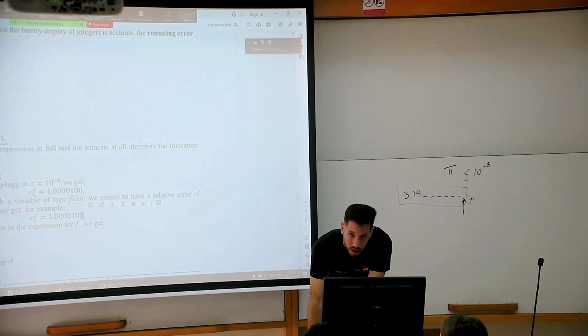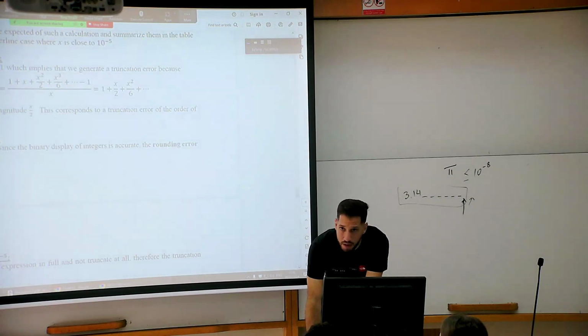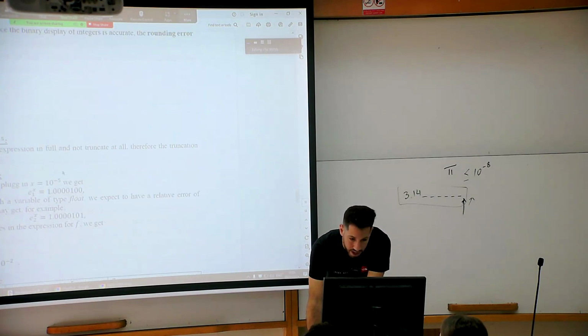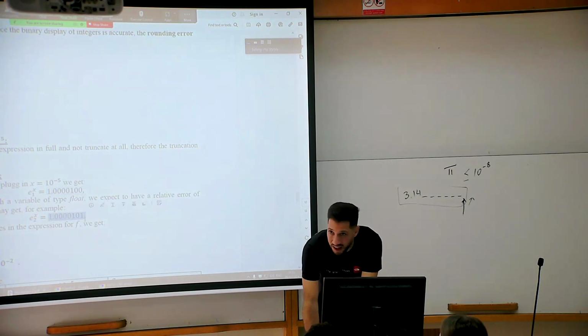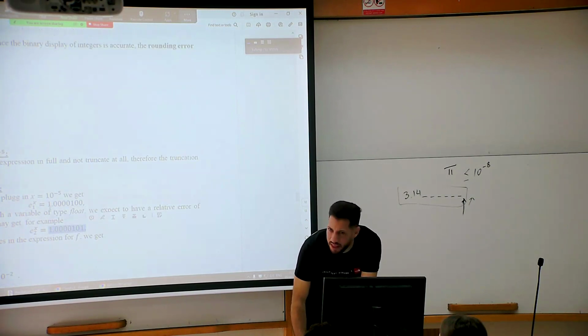But now the function is e to the x minus 1. So we take minus 1 from the true value, or minus 1 from the estimated value or the approximated value, and we divide them by x, we get this.